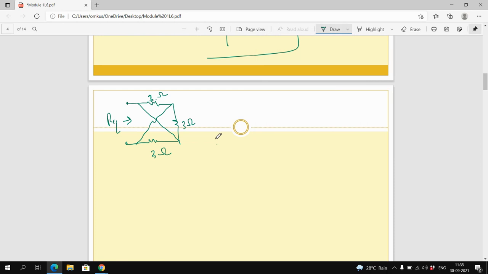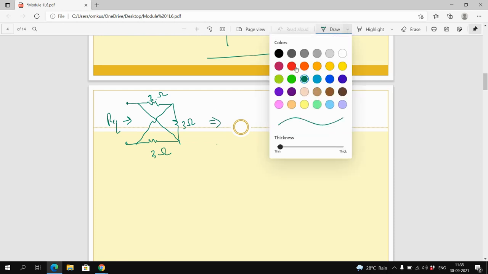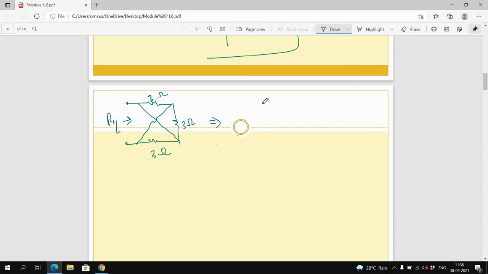Anyone solve this problem? Yes. The third resistance, the 3 ohm resistance, was not given in the question, so we weren't able to solve it. Okay.